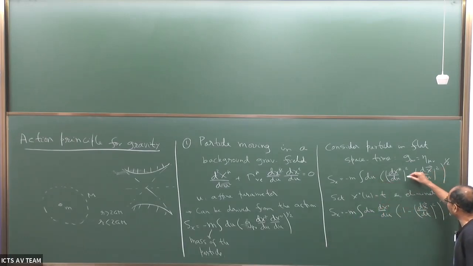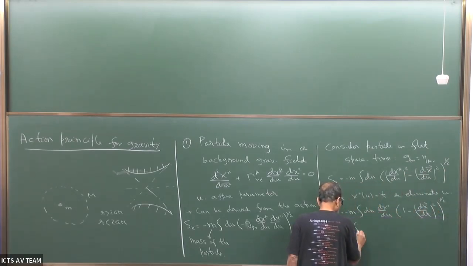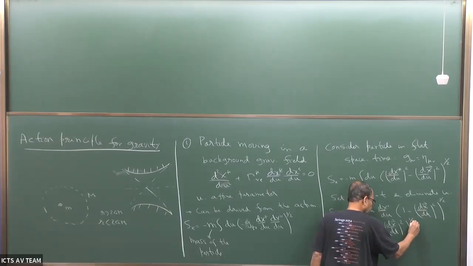Because dx/du divided by dx0/du is dx/dt, when we express x as a function of time. And this is just dt. So this I write as minus m integral dt times 1 minus (dx/dt) square to the power half.